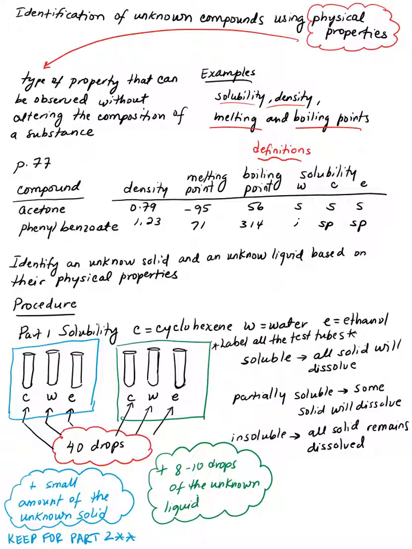So the physical properties that you're going to be looking at are solubility, density, melting, and boiling points. Those physical properties are properties that we can actually measure without changing the composition of the compounds.